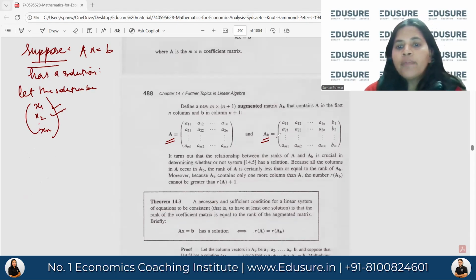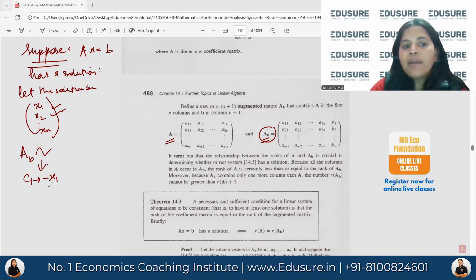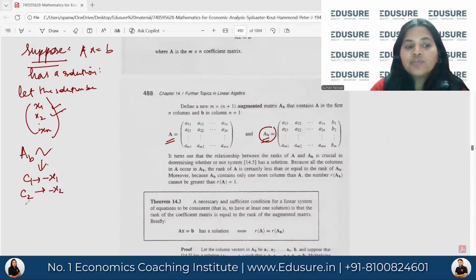Now look at the augmented matrix [A|B]. It is equivalent to another matrix. What are the operations? I make column 1 multiplied by minus x1, then column 2 multiplied by minus x2, and then column n multiplied by minus xn.